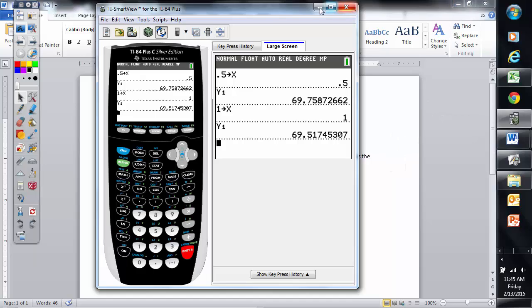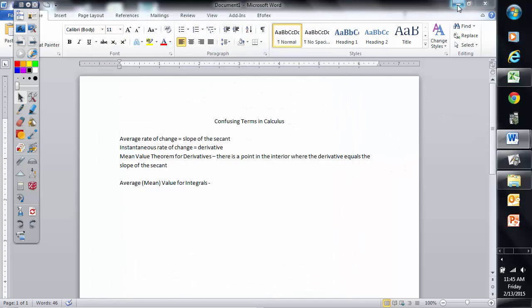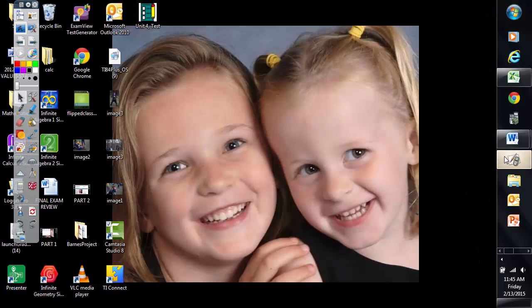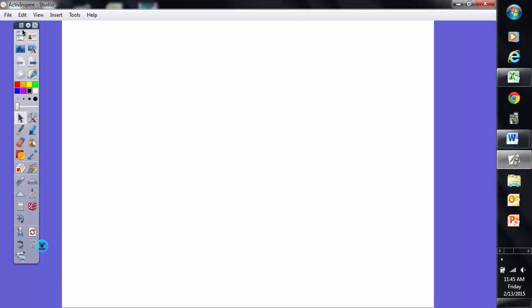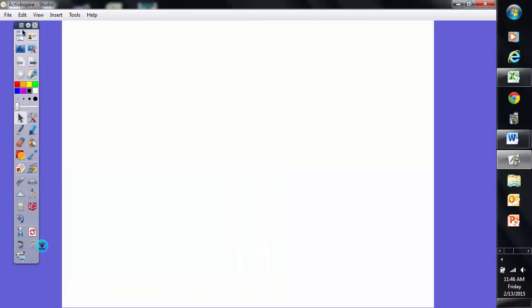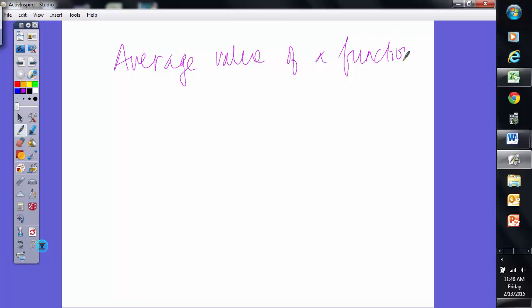We know that an integral adds up infinitely many rectangles under a curve, right? That's what it does. Well, if we want to find the average value of a function, then we want to average all those rectangles together. And in order to do that, we need to use the following formula. So this is average value of a function, not to be confused with average rate of change, and not to be confused with the mean value theorem.